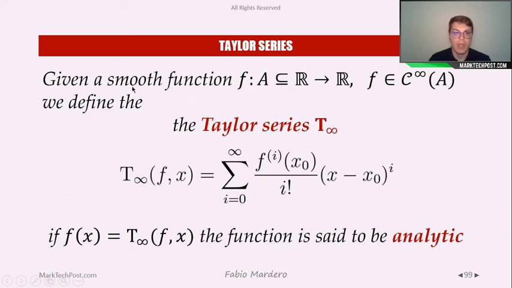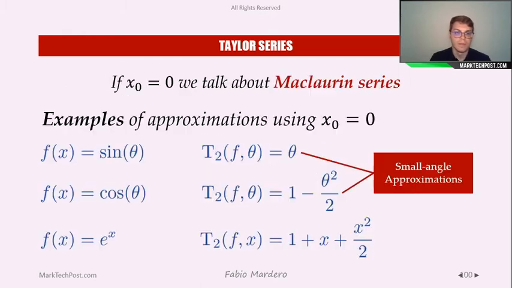And if the function is so smooth that f(x) is equal to the Taylor series, then the function is said to be analytic. Also, if x0 is equal to 0, and we are considering the approximation around 0, we are talking about the Maclaurin series.